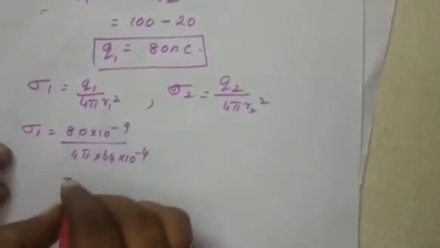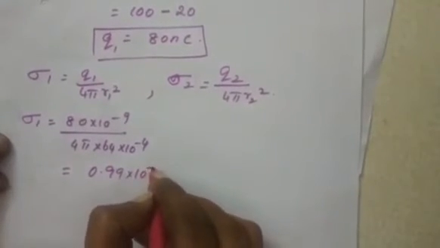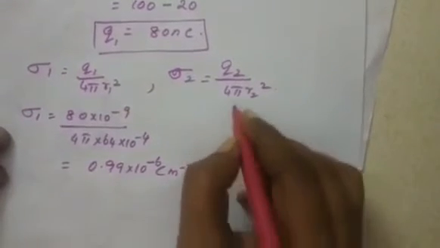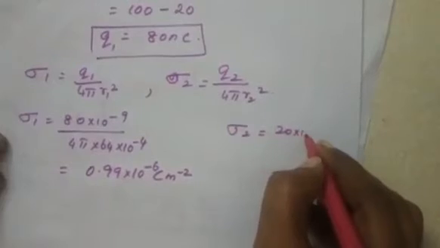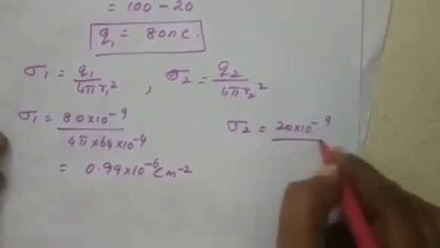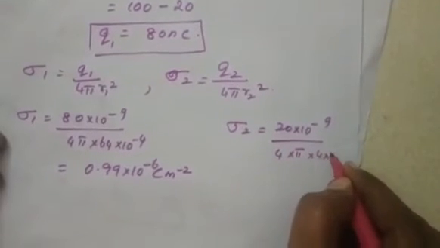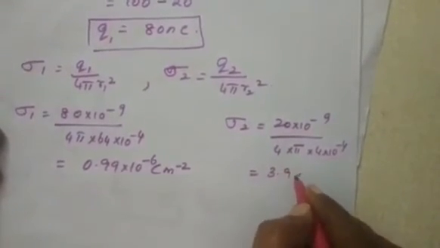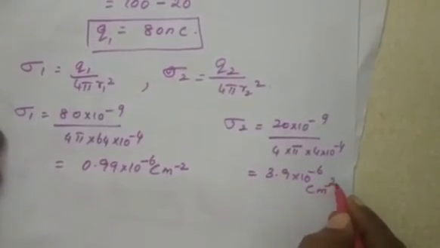Simplifying these values, we are getting 0.99 into 10 power minus 6 Coulomb per meter squared. And similarly, sigma 2 is equal to 20 into 10 power minus 9 divided by 4 pi into 4 into 10 power minus 4, which is equal to 3.9 into 10 power minus 6 Coulomb per meter squared.